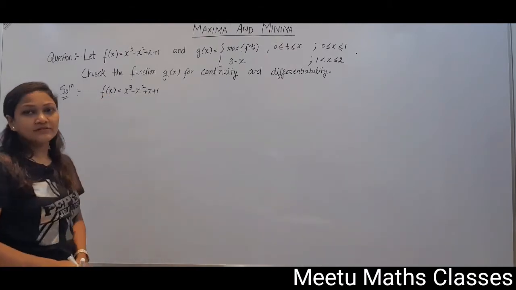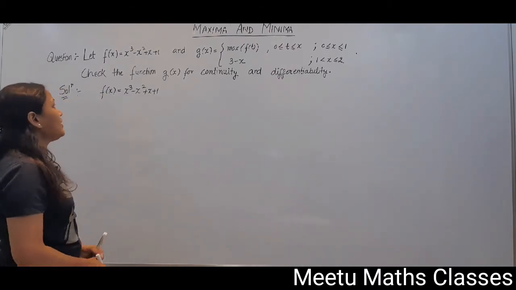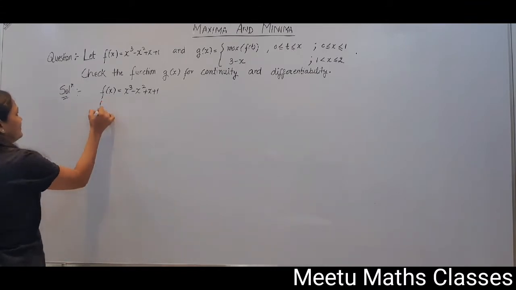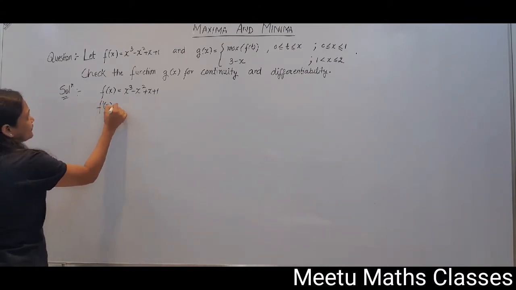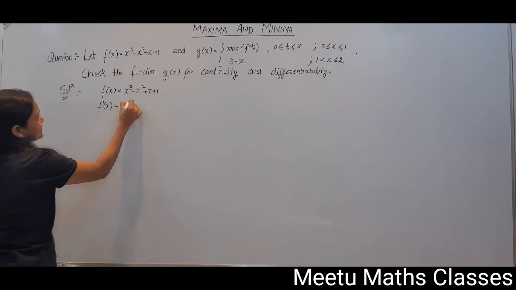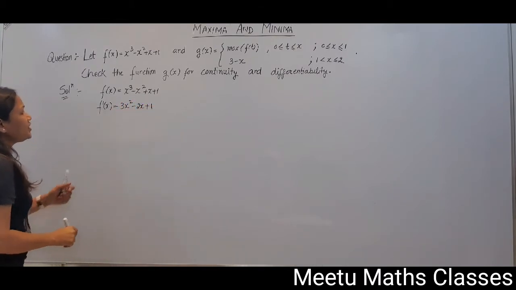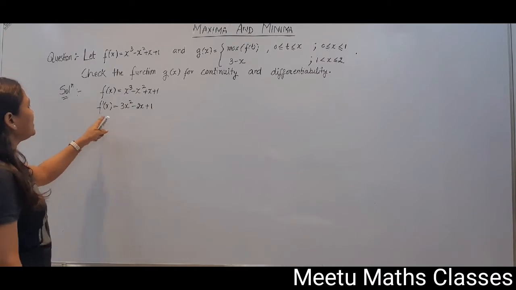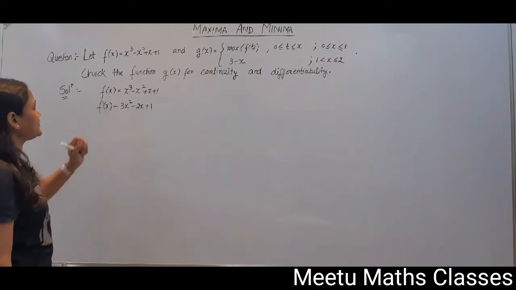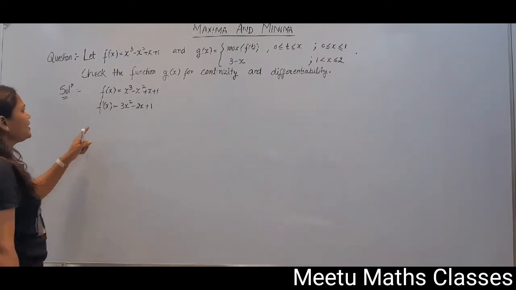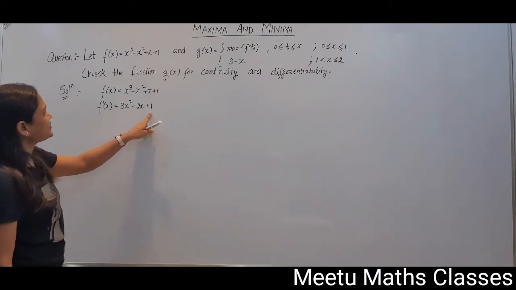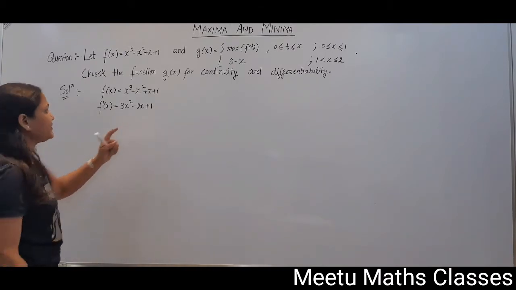For finding the maximum value of f(x), you first take the first derivative of this function, which is 3x square minus 2x plus 1. Now the critical point is not required because this derivative is always positive.